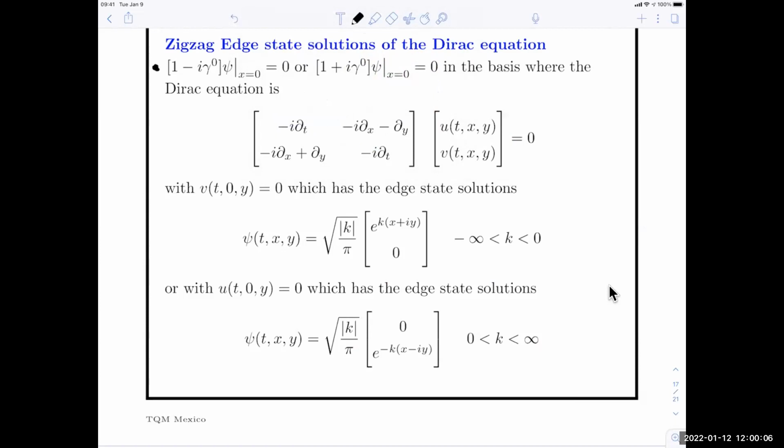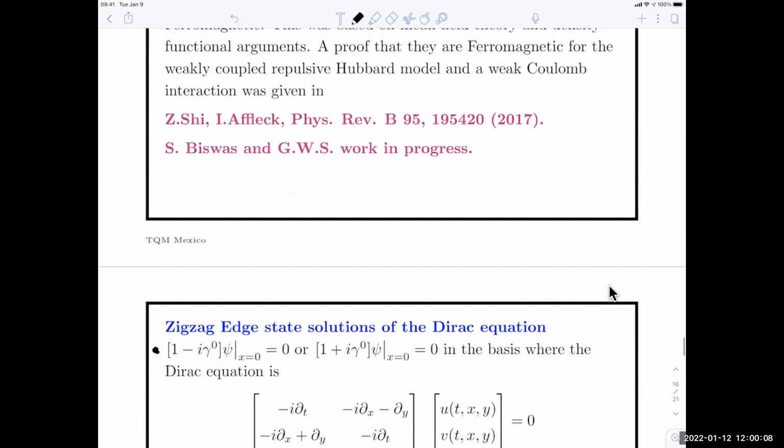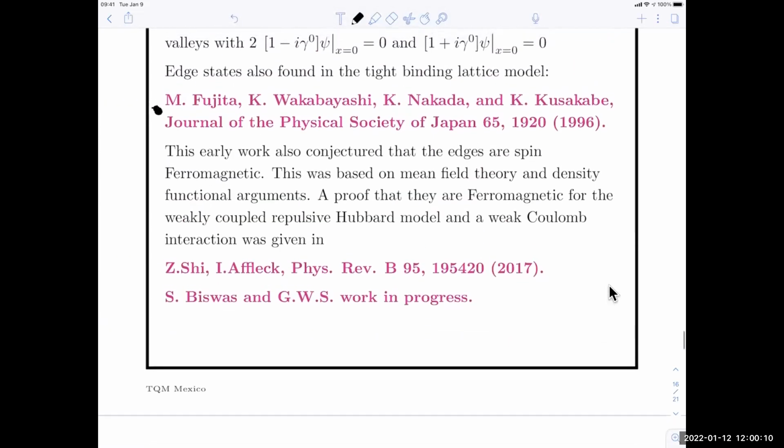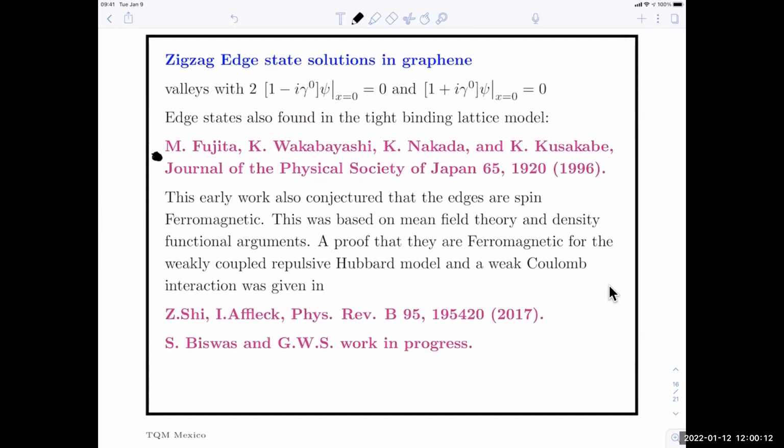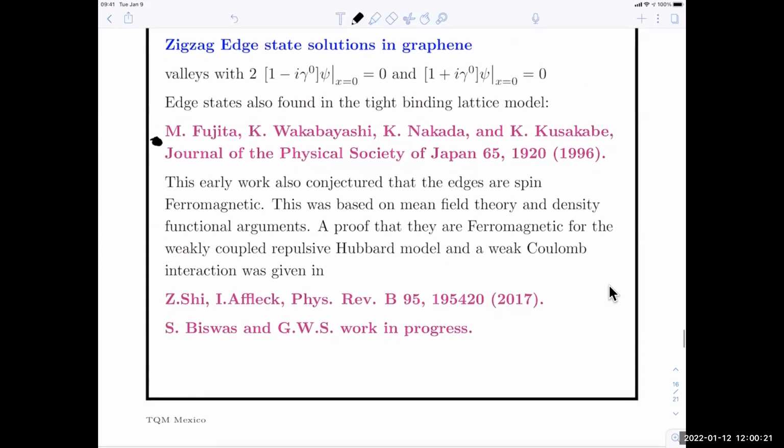In fact, maybe I should have already said, one of the really interesting things about these edge states, which was noticed way back in the first paper about them, at least the first paper I know about, is that they seem to like to align their spins. So the edge should be populated by a bunch of edge states. In that picture of a zigzag edge, there's basically one state for each zig.